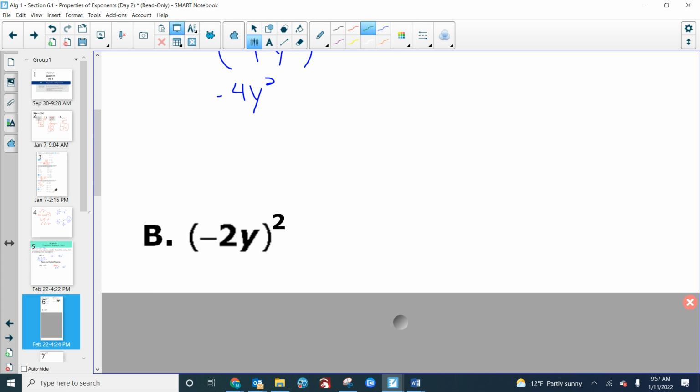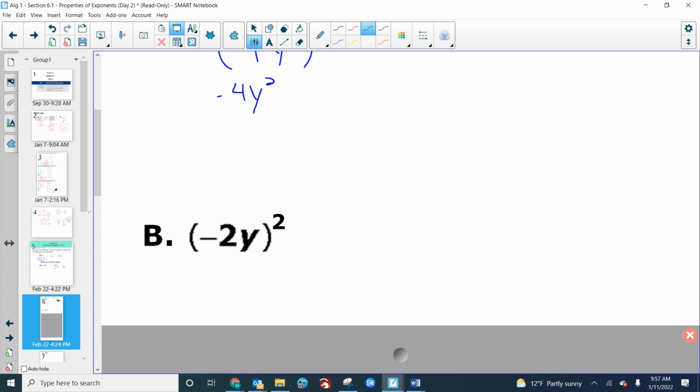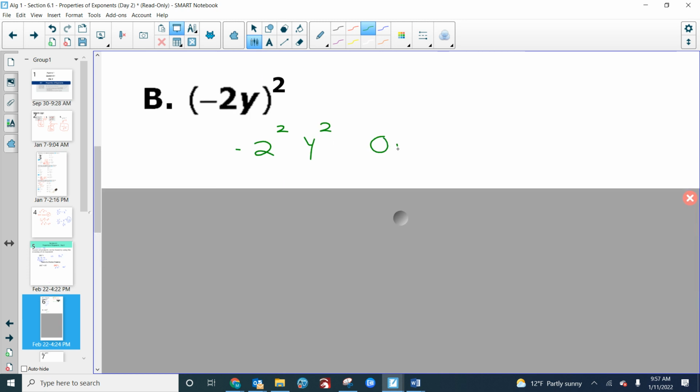All right. If we use the rule, do you agree both of these terms get raised to a power of 2? What's the first term that gets raised to a power of 2? Negative 2. Parentheses or no parentheses? Is it like this, or like this?